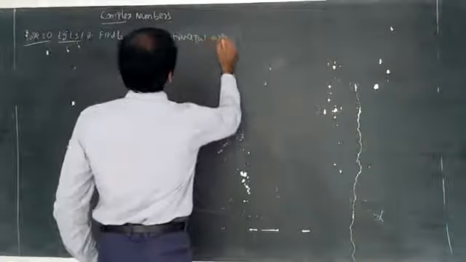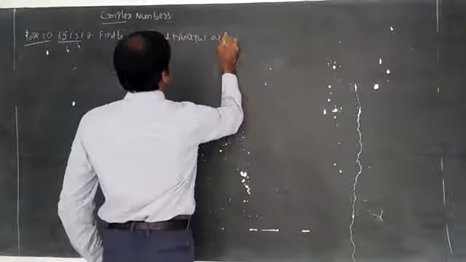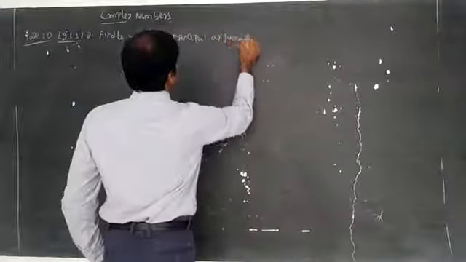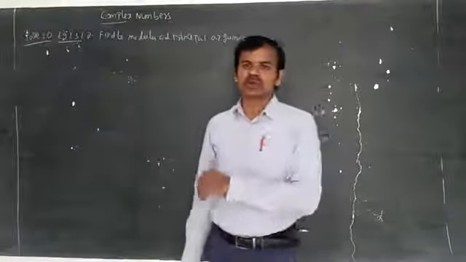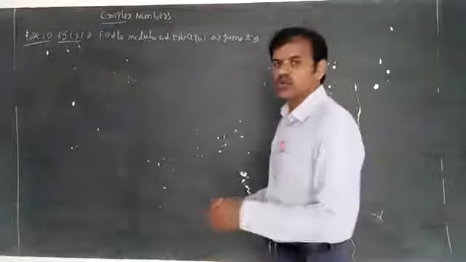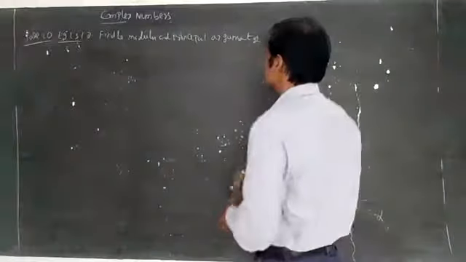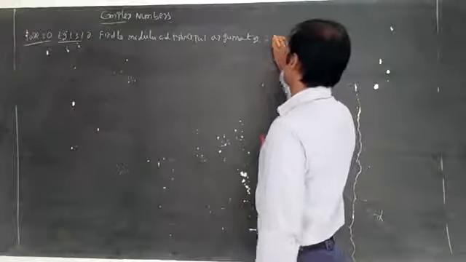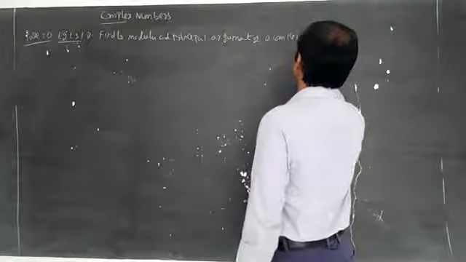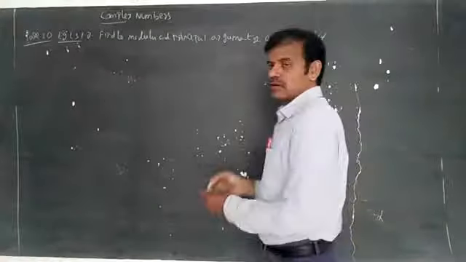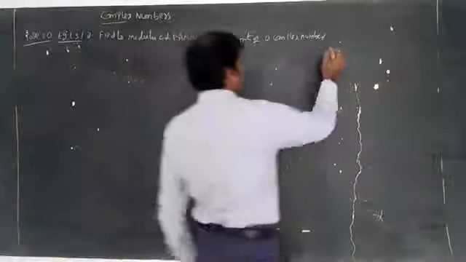So the general argument is alpha, and the principal argument is theta. In which quadrant it lies, we have to discuss. Principal argument of the complex number -1 minus i root 3.